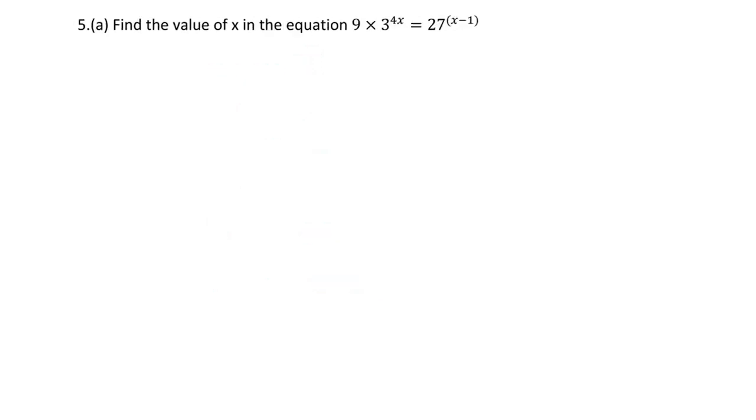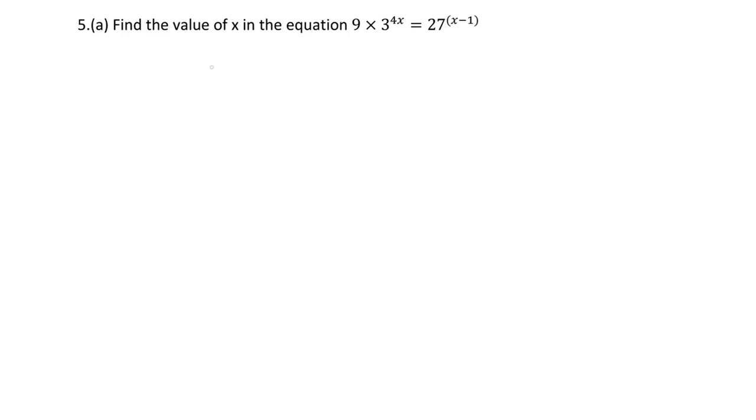Question number 5, part A. Find the value of x in the equation 9 times 3 power 4x equals 27 power in brackets x minus 1. Okay, so this is an exponential problem. Let us now express each number with base 3.